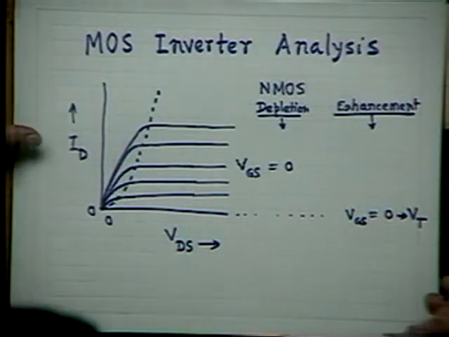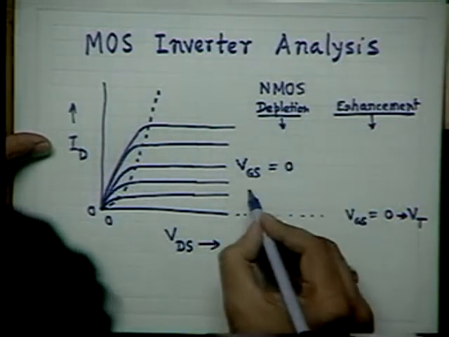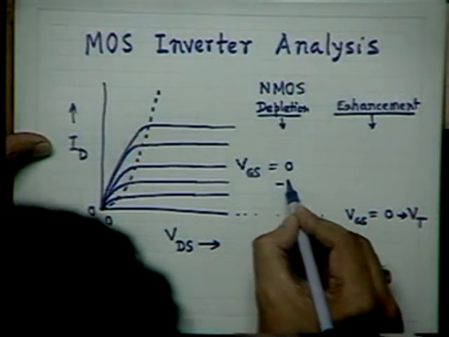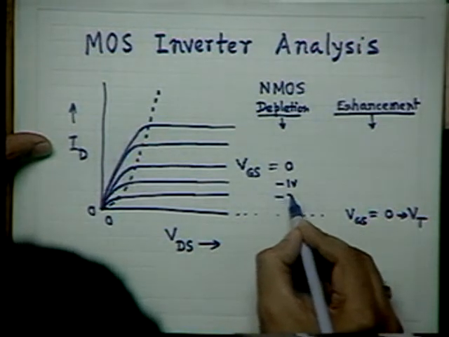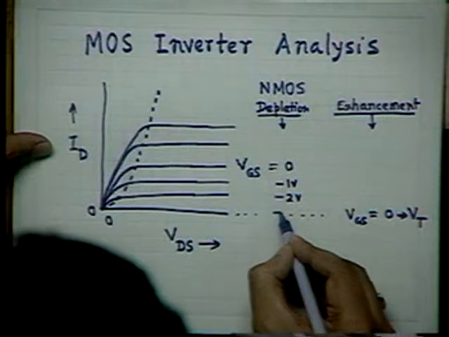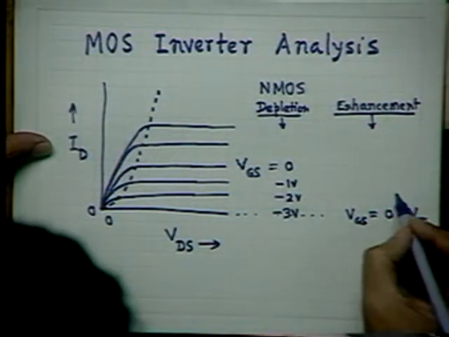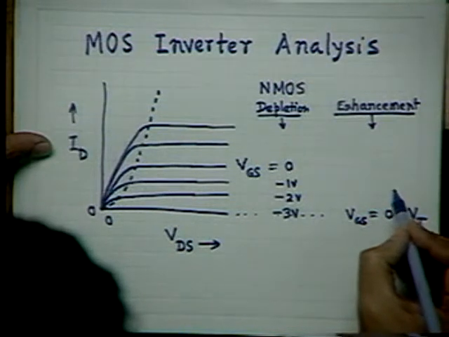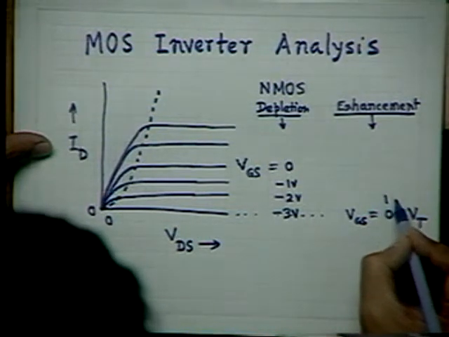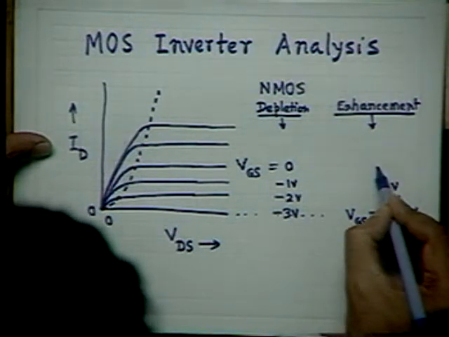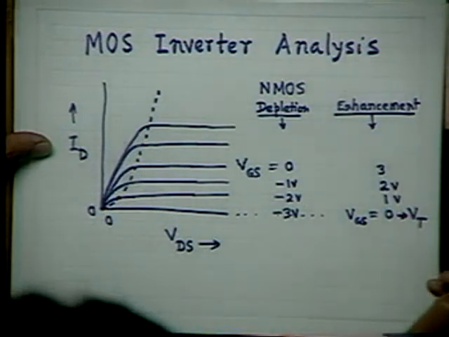But then, in the case of depletion mode, this may be VGS for say -1 volt, -2 volt, -3 volt. On the other hand, this may be for VGS equal to 1 volt, 2 volt, 3 volt. Is it 1 volt, 2 volt, 3 volt?